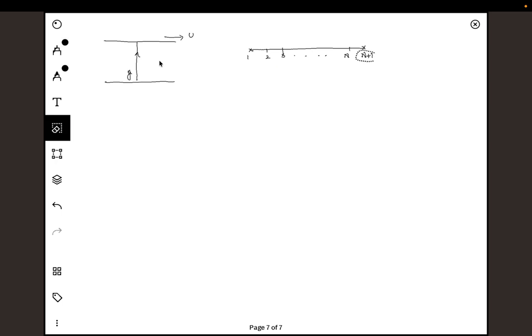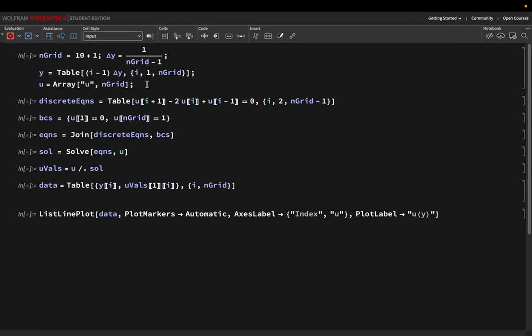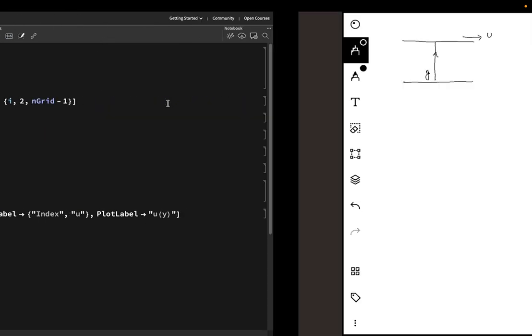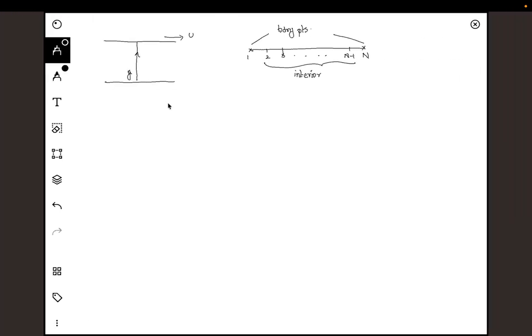All these are the interior points, and these will be my boundary points that we are trying to solve for. My first equation would be writing the discrete form. My governing equation for this fluid flow, if you take the momentum equation, is u del u del x.